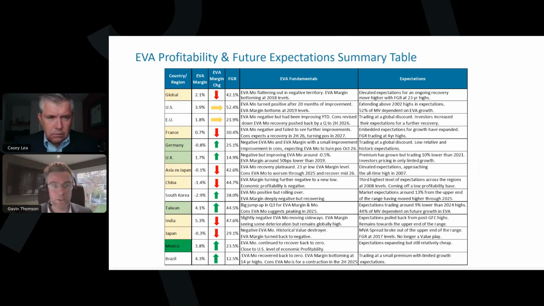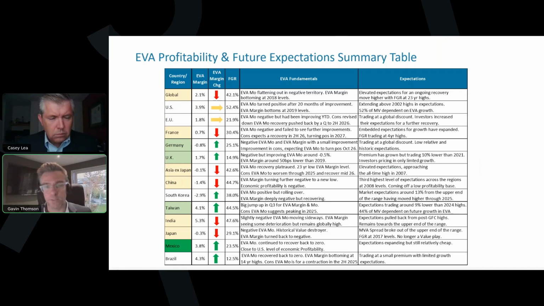The amber shaded countries or regions are markets where we're definitely a bit more cautious. So the global outlook, we spoke about that caution, given where we are with the profitability, valuation trade-off. Japan, again, we outlined the more cautious view there, versus those regions and countries in white, which are a bit more of a neutral view.